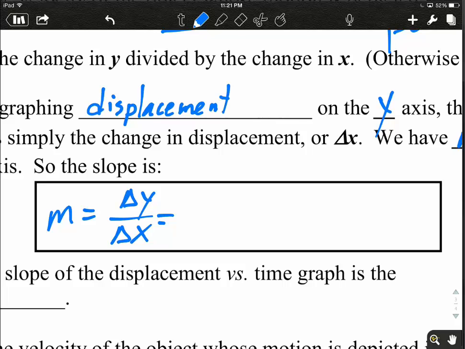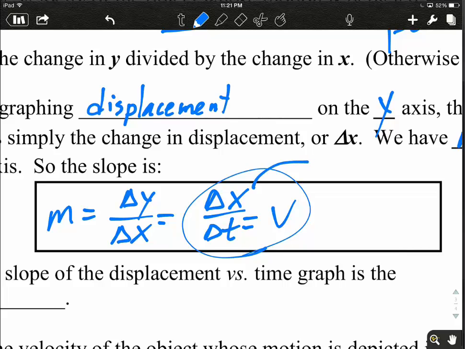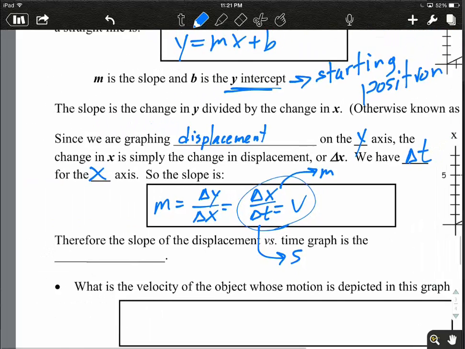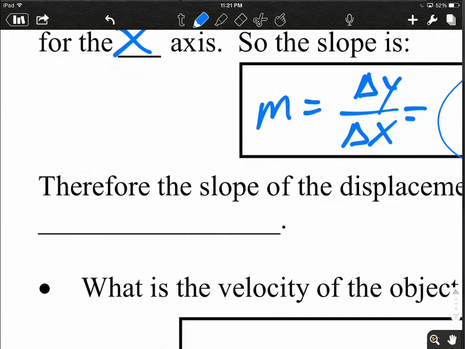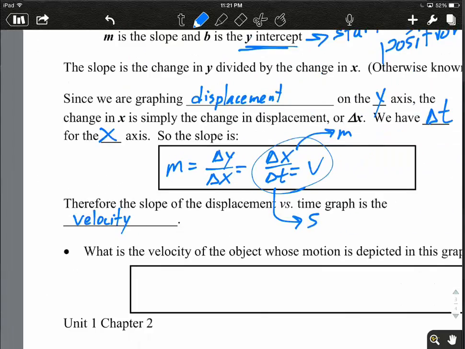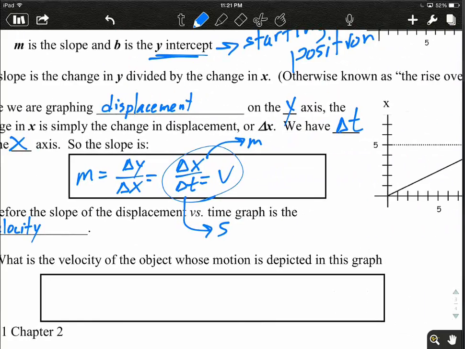It ends up being our change in position over our change in time, which we said is velocity. Change in position is in meters, change in time is in seconds, so you'd get meters per second. So the slope of the line is the velocity, and if your delta x is in meters and your t is in seconds, it's in meters per second.